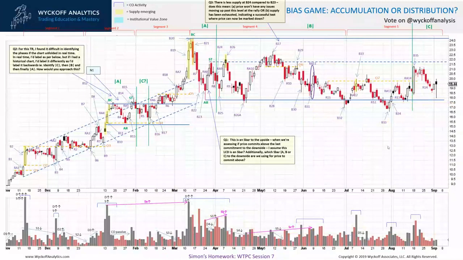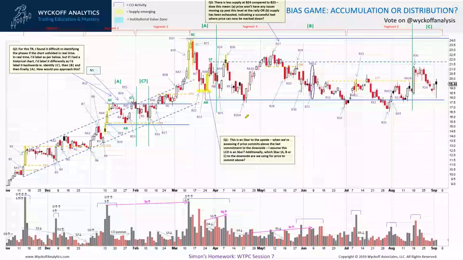Okay. Well, let's quickly answer the last question and go to the next section of the bias game. This is a significant bar to the upside when we're assessing if price commits above the last commitment to the downside, which was here.